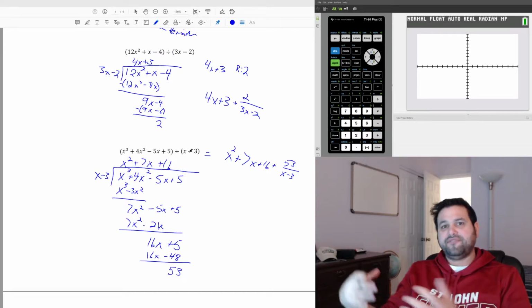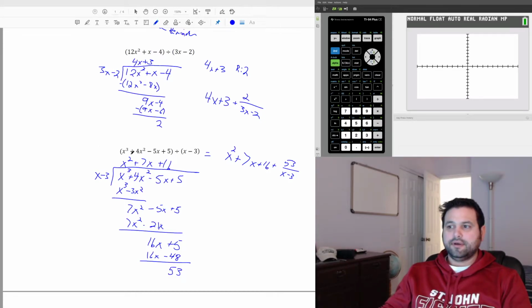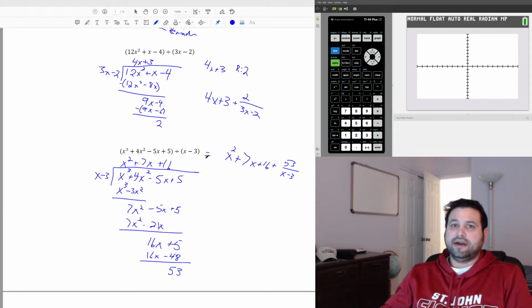Because if I try to factor x minus 3 out of this third degree polynomial, I won't be left with any nice factors. It can't be factored out of it, essentially, because there's a remainder.